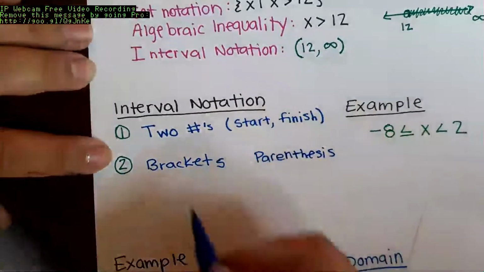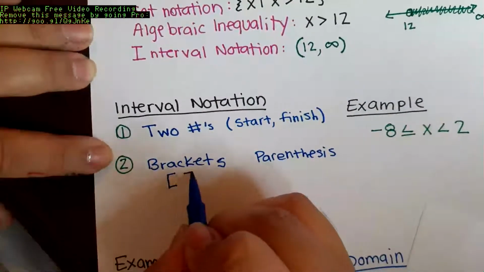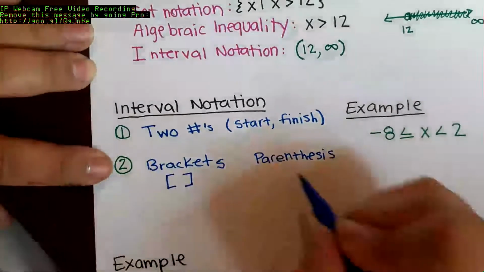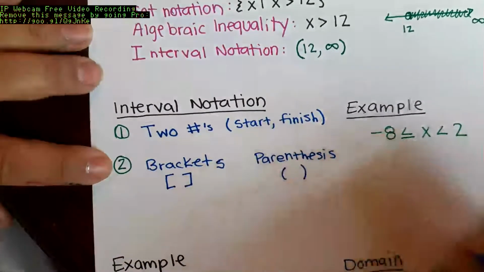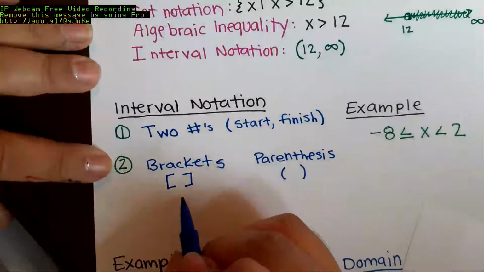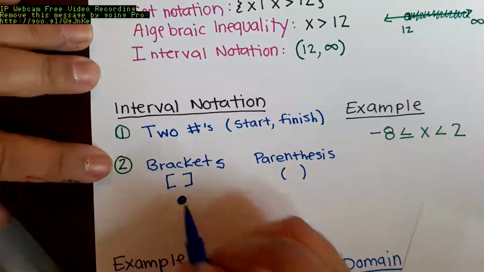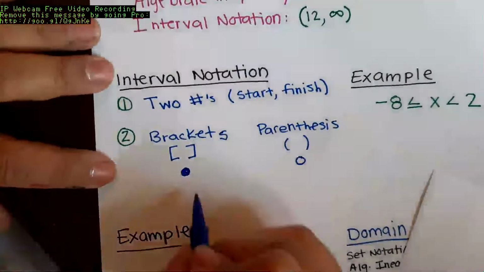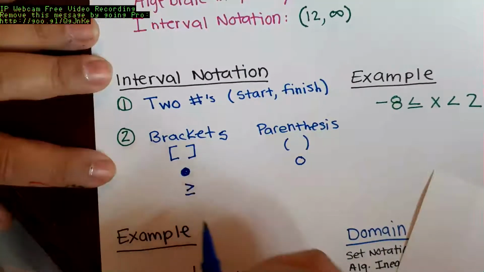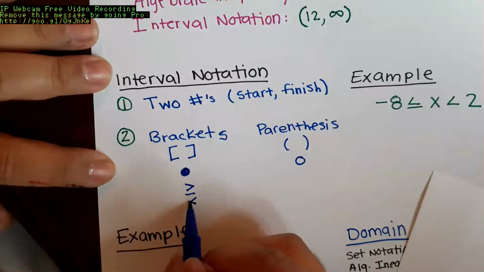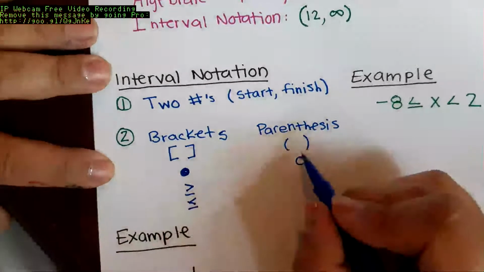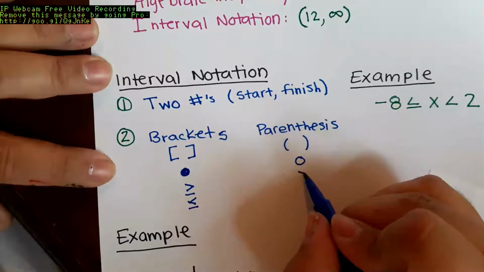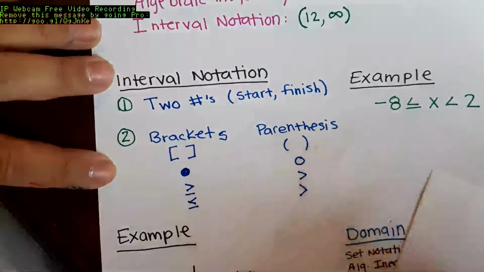Okay, so if you don't know what brackets look like, it's these things, and then parentheses is what those look like. So remember, our brackets are for closed circles, our parentheses are for open circles. This means greater than or equal to, less than or equal to, and our open circle is just greater than or less than.